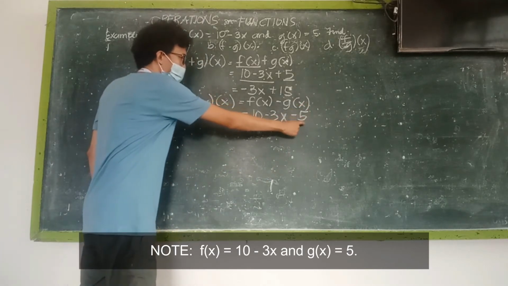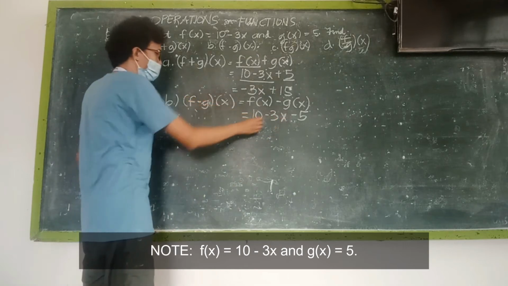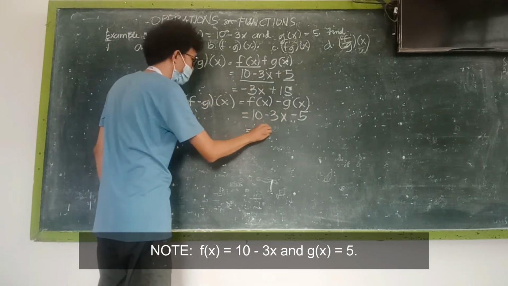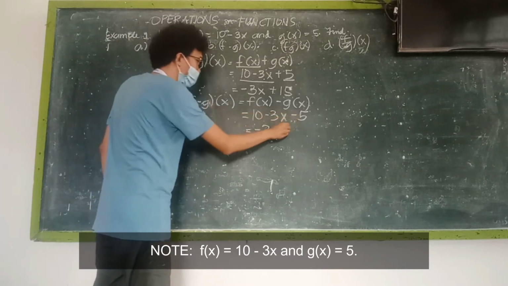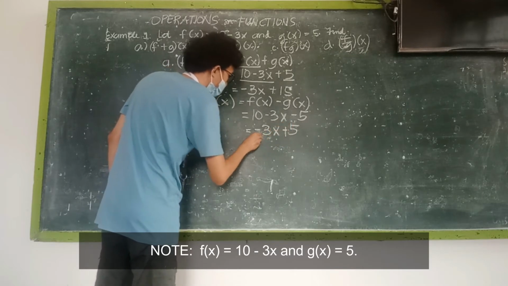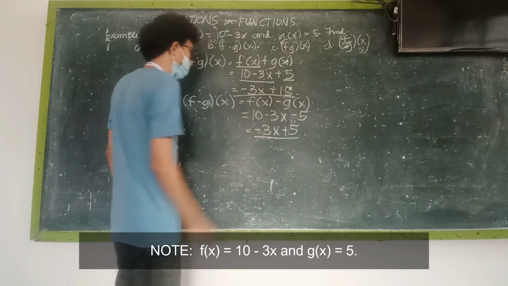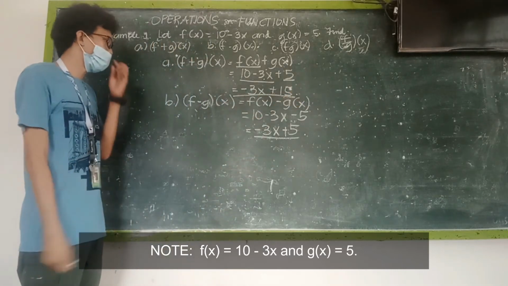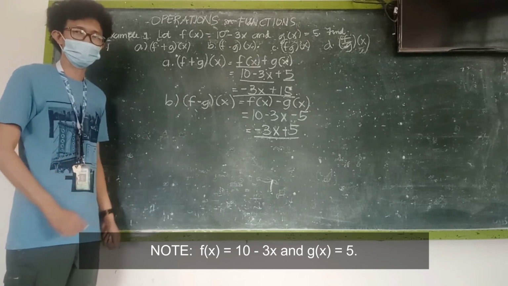Take note that we are subtracting here. So, sa negative 3x, wala tayong gagawin. So, we will do the same. Negative 3x pa rin. Then, 10 minus 5 is equal to 5. So, therefore, ang ating subtraction, f minus g of x is equal to negative 3x plus 5.